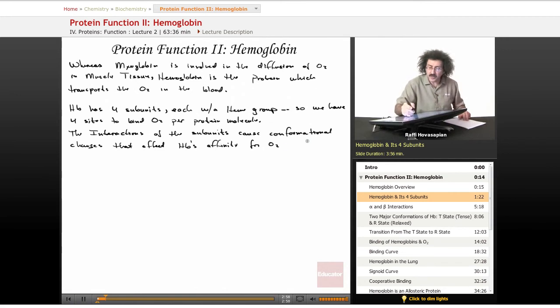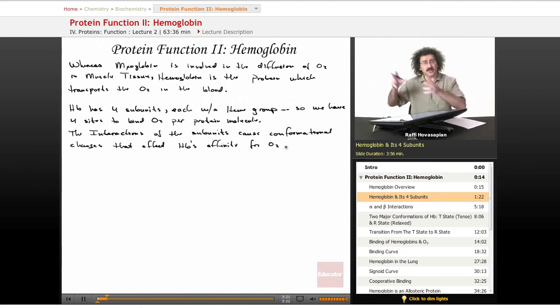So the conformational changes among these subunits, as one O2 binds, there's going to be a conformational change, and that conformational change is going to affect the extent to which another O2 will bind or release depending on the physiological conditions at hand. So you remember, we need to actually bind the O2 tightly.